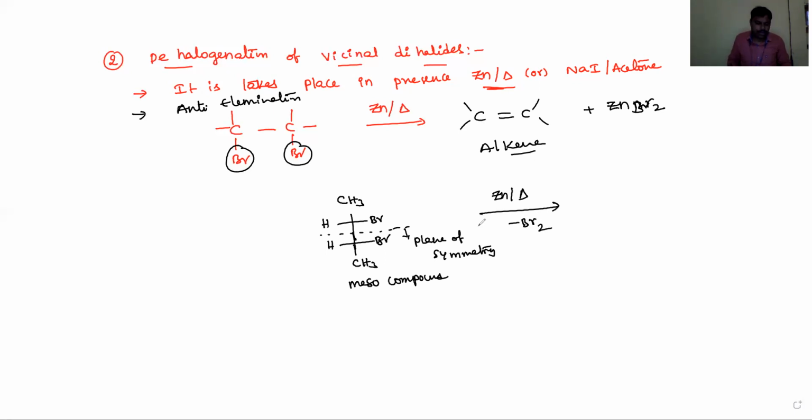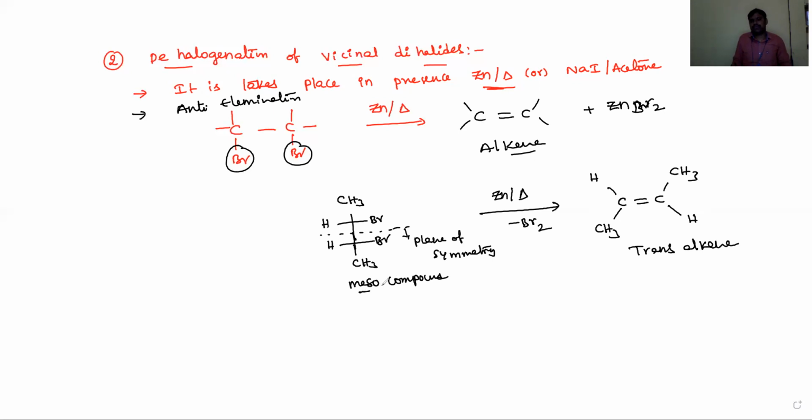Then the meso compound always produces a trans alkene. The alkene is CH3, H and CH3, H. This is the trans alkene product.